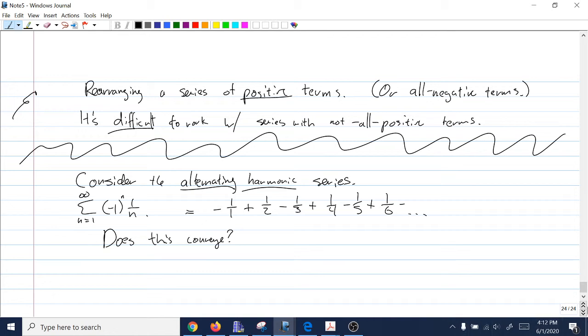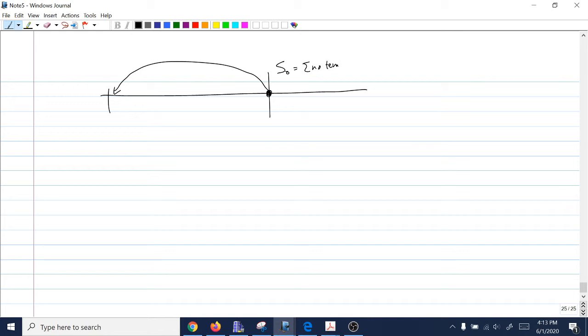Well, let's think about it. Our first term is negative 1. Let's think about our sequence of partial sums. S0 is the sum of no terms, defined to be 0. S1 is the first term, negative 1.